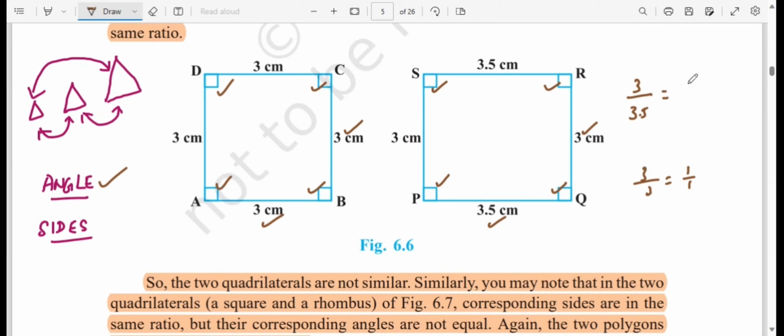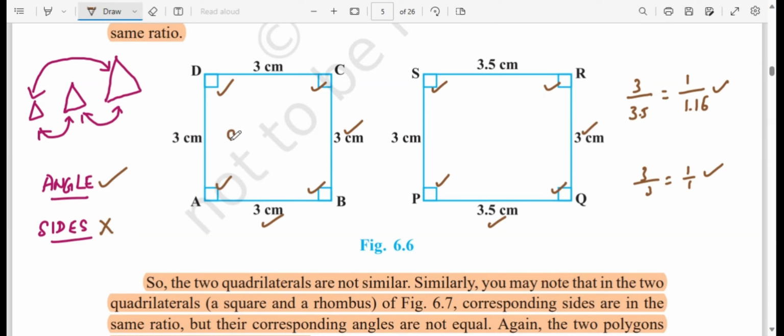Whereas here we get 1.16 around. So are these two ratios the same? No, it is not the same. So it does not satisfy the proportionality of the sides, and these two figures are not similar.